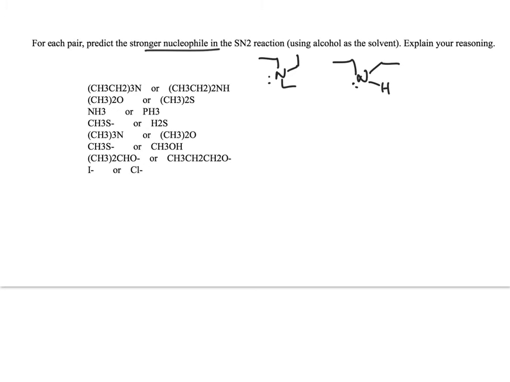You do your Lewis structure, you'll see that this one is less hindered, so that's going to make it a stronger nucleophile because those electrons here are available to attack the electrophile.